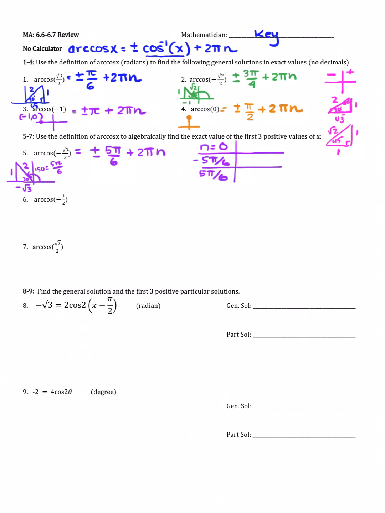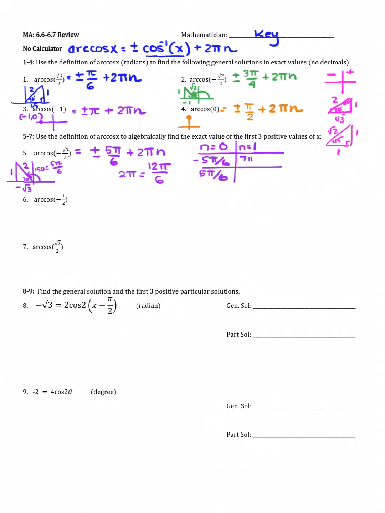And if I add 2 pi, I want to have a common denominator. So 2 pi is the same thing as, with a denominator of 6, 12 pi over 6, because 12 over 6 would reduce to 2. That makes it easier to add. So I'm adding 12 to each numerator.